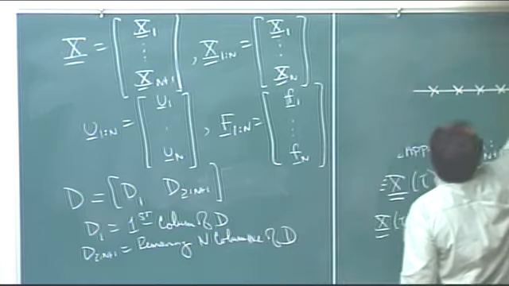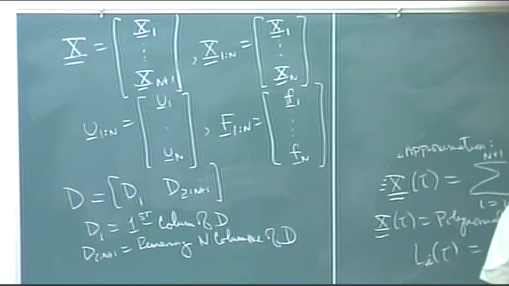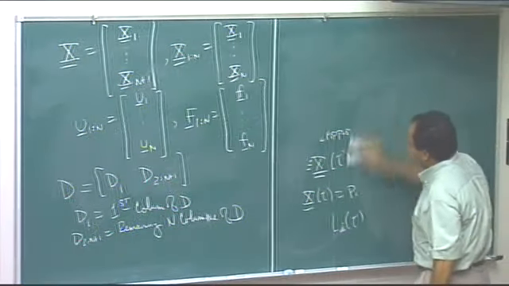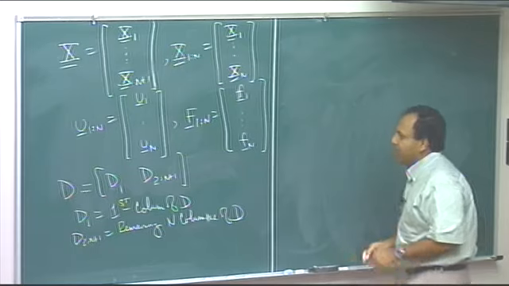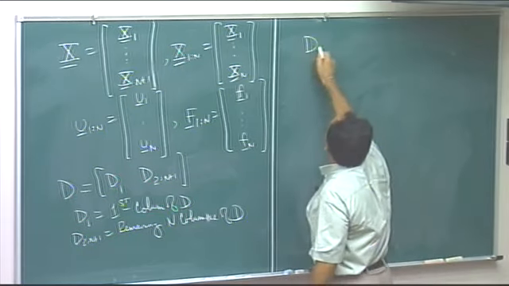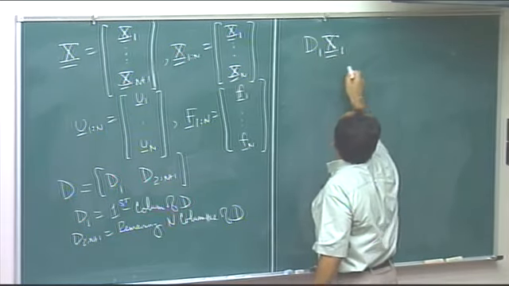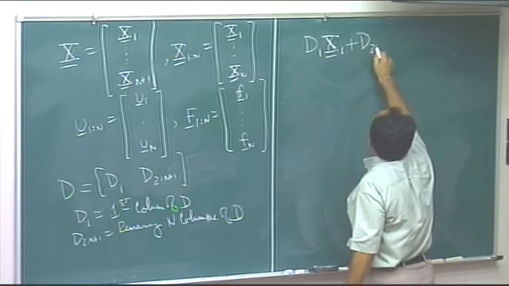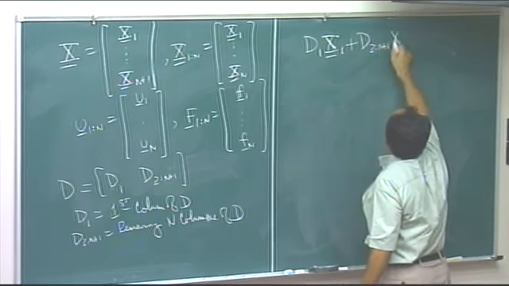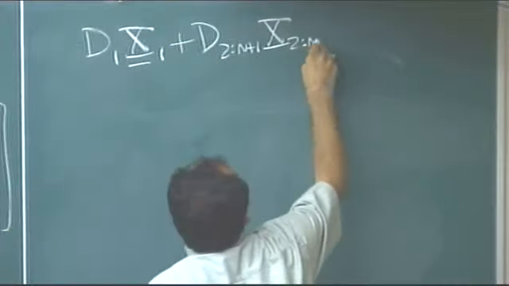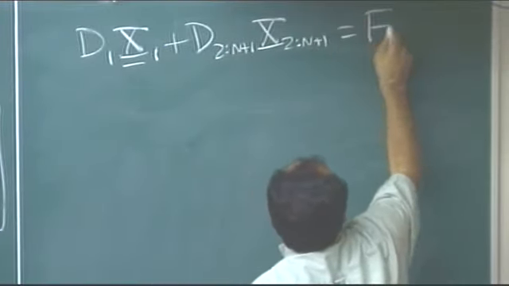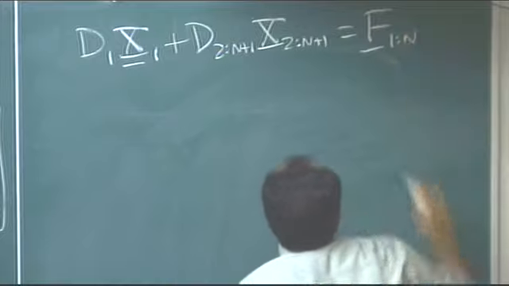Okay, now let's embellish this just a little bit more. So if I take this system and I break it up, what I get is D1 times x1 plus D2 through n plus 1 times x2 through n plus 1 is equal to f1 through n.